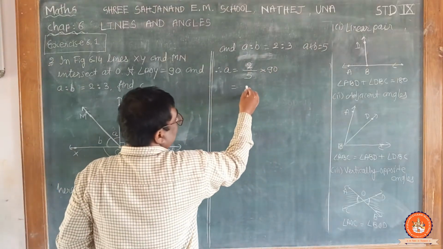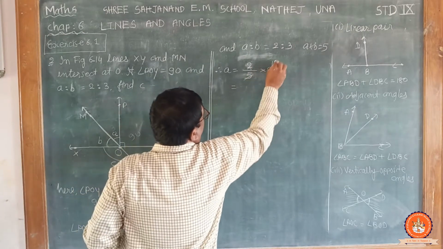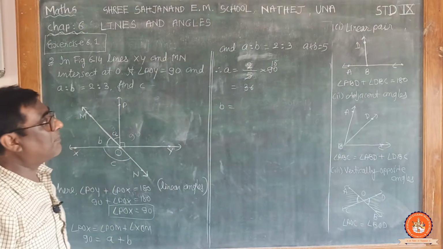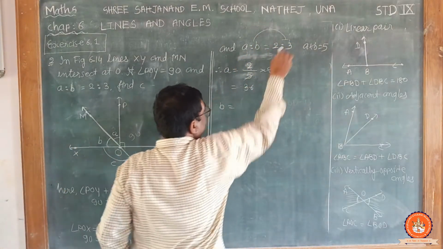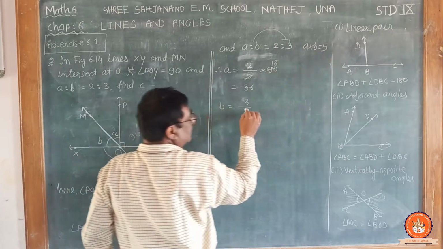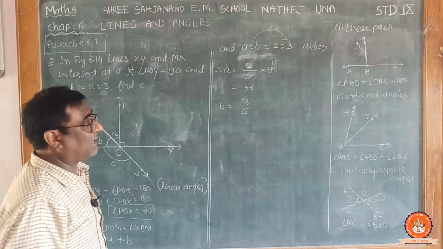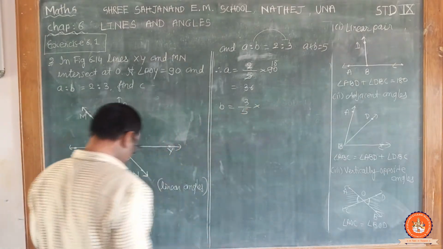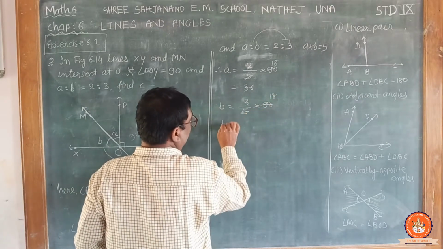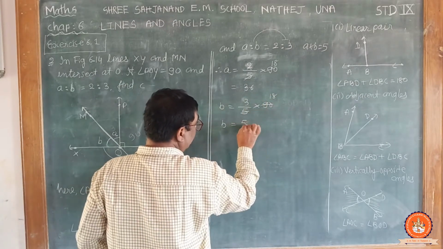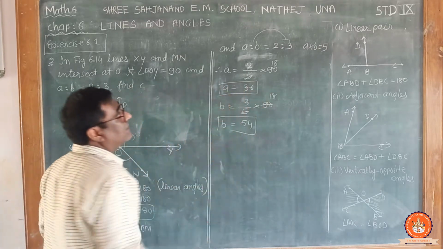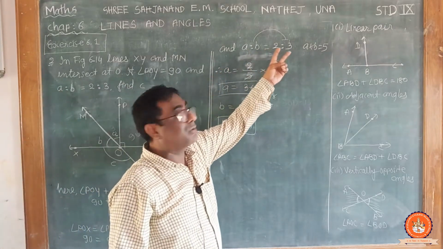So it's 18 times 2 is 36, and how will we find B? The part of B, that is 3, divided by the sum of the two parts, into 90, the sum of them. Okay, so B is equal to 18 times 3 is 54. Try to understand my friend. So A is to B is equal to 2:3.